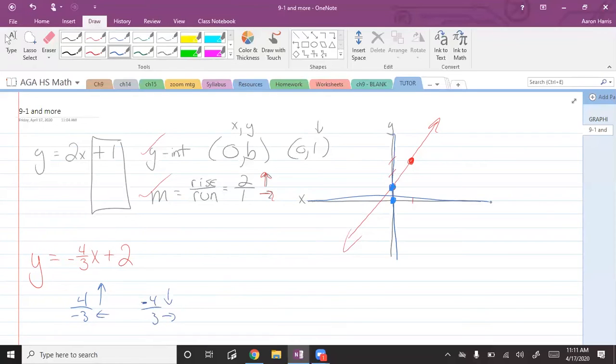Oh no, that's 1. And then for the new point, we go down 4, and then to the right 3.